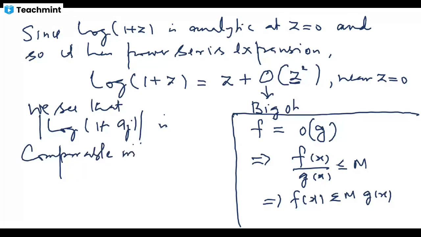If you replace z with aj, then these two terms are comparable, because everything else is a bounded quantity. It's almost comparable, because when you come closer to zero, z square will go faster to zero, so it will have no role. So when we say that these two terms are comparable, then the convergence of their corresponding series is also if and only if.